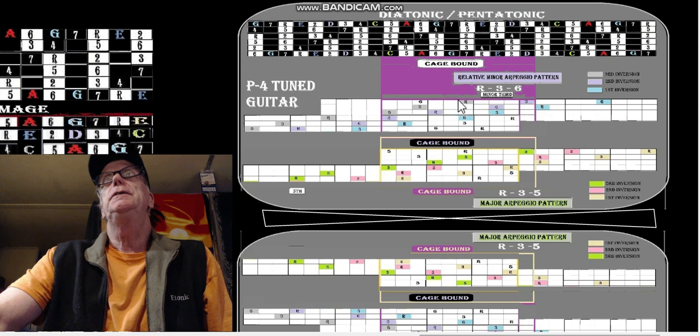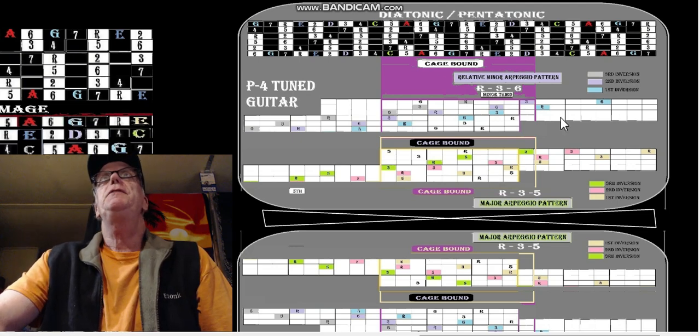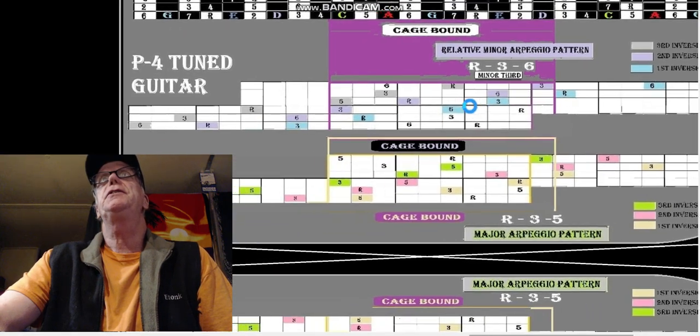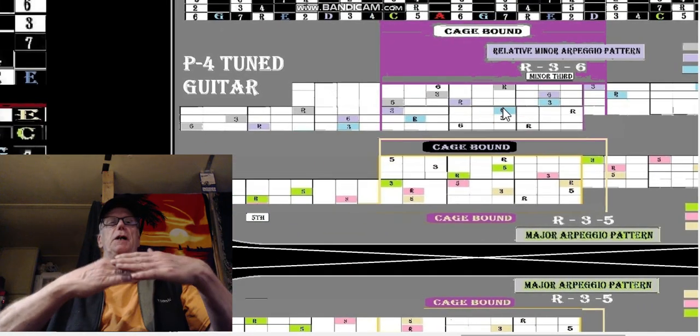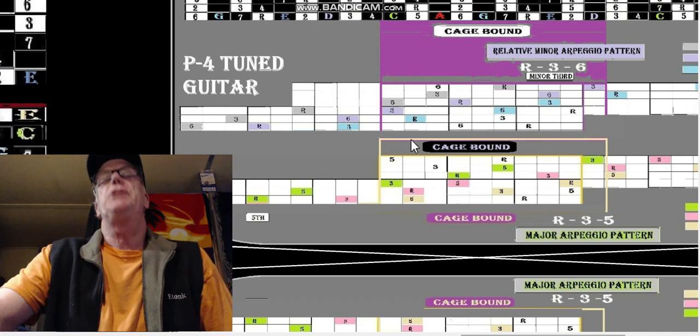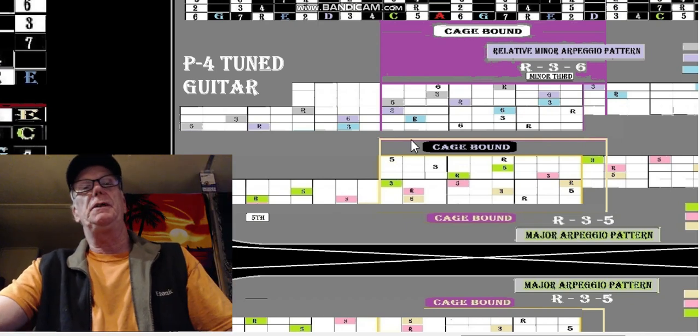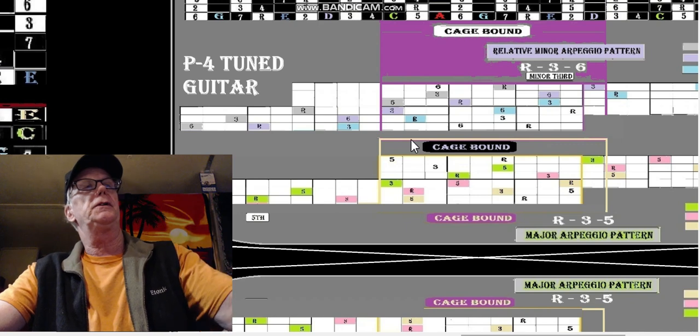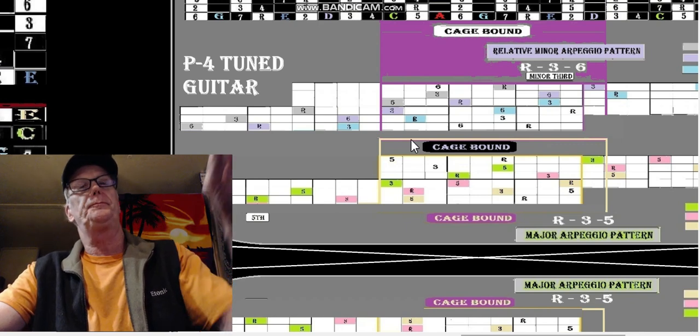Here's the minor triads, the major triads, arpeggio. In P4 tuning, everything's E-shaped, so everything's as if it was the bottom 4 strings, E, A, D, G, just continuing on without the tuning third between the G string and the B string.